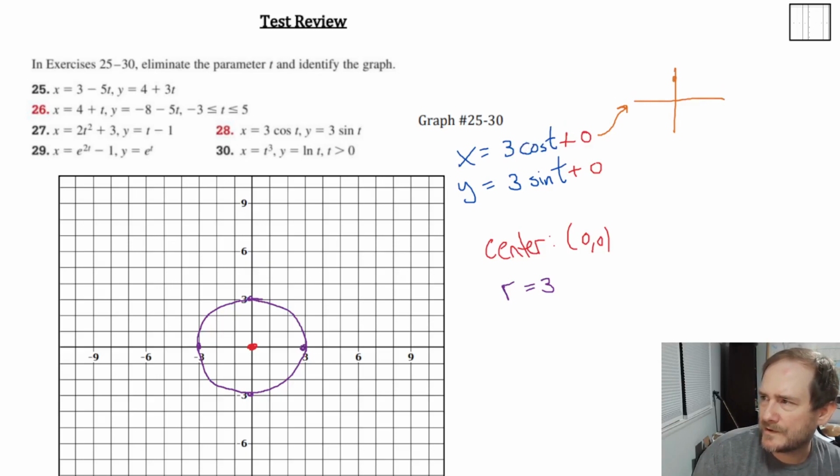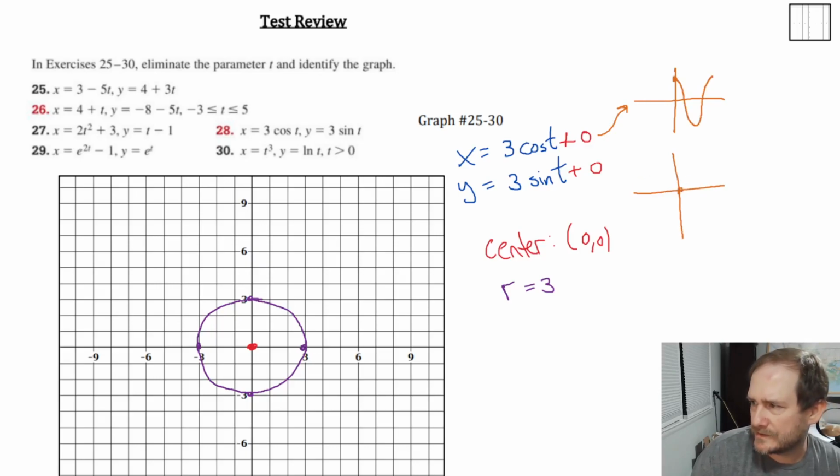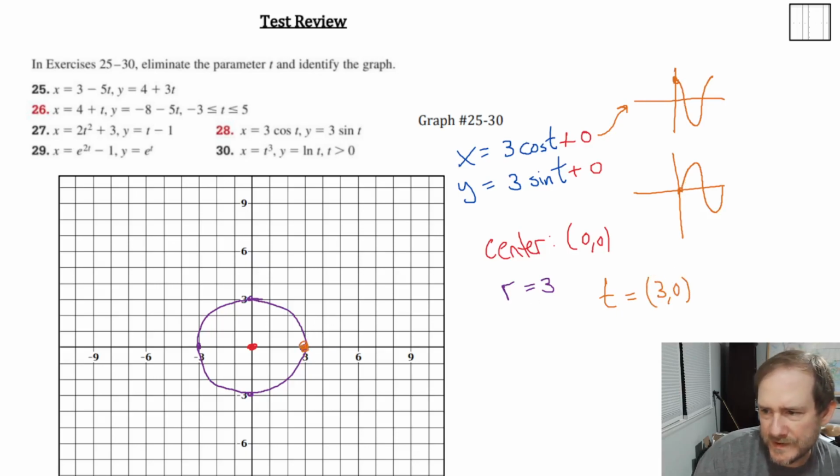It's going to start up here at its max of 3. And the sine equation is going to start at 0 and go up to a max of 3. So we can see that t equals 0 is just these y-intercepts. It's 3, 0.